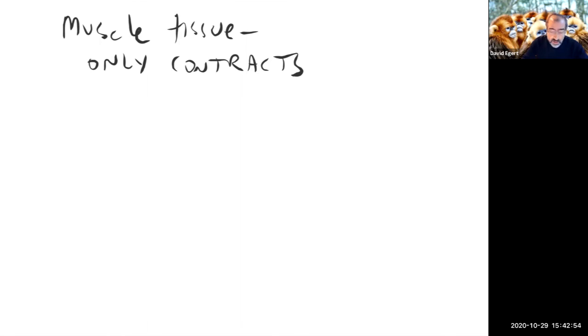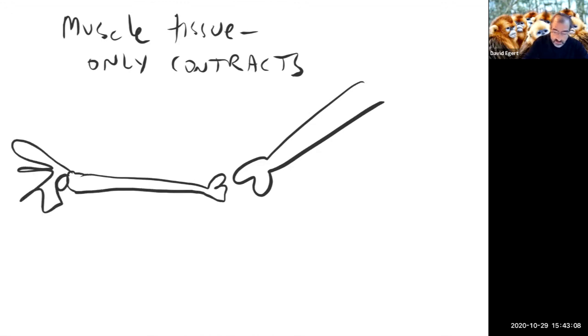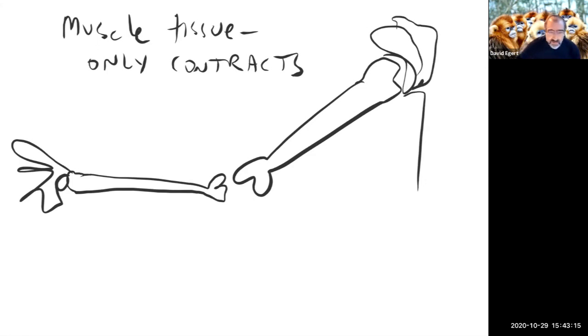We should talk a bit about how muscles are connected to the skeleton. Let's say this is your arm. If you did not have your skeleton to work with your muscles, you would only be able to ooze around like an earthworm or something.